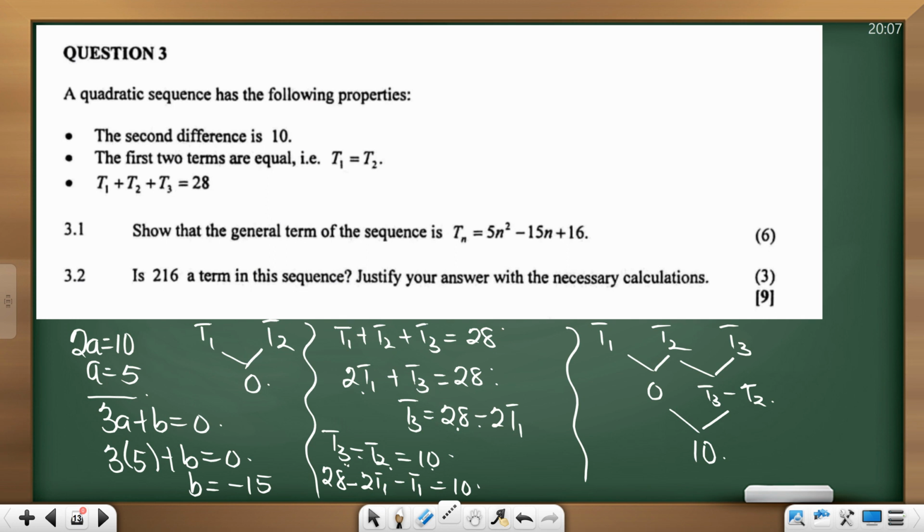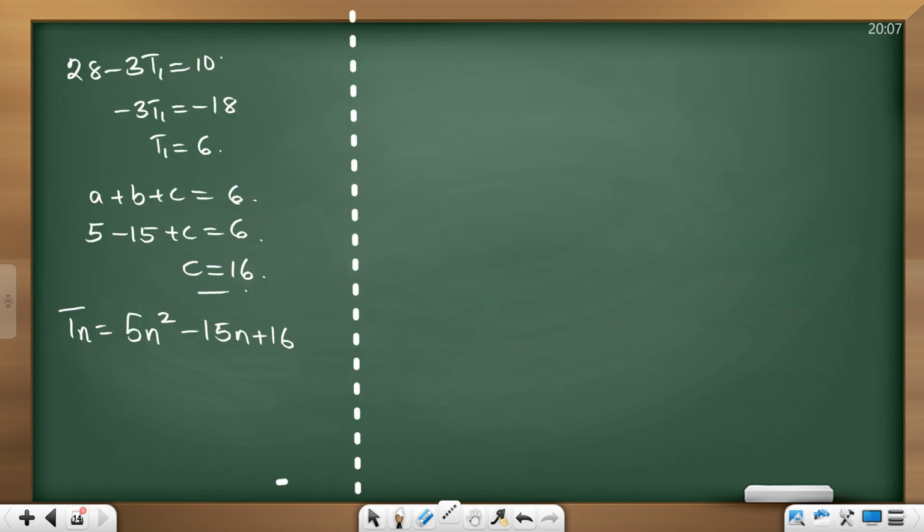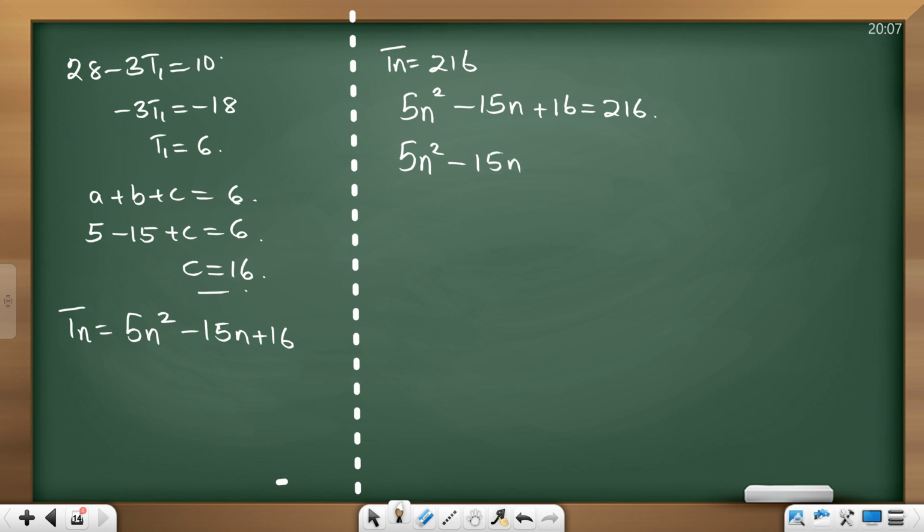Last question for the day. Is 216 a term in this sequence? Find your answer. So we are going to say Tn is equal to 216. Let's find if Tn can be equal to 216. So we say 5n squared minus 15n equals 200, which gives 5n squared minus 15n minus 200 equals 0.